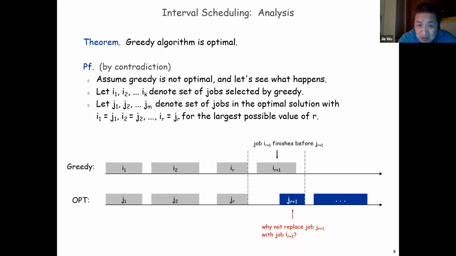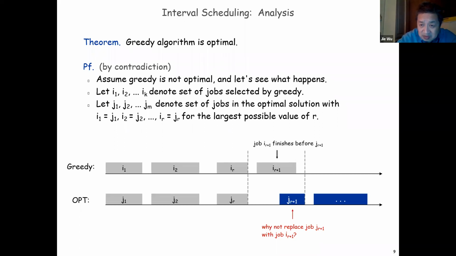Here we are assuming that M is larger than K, but we don't really need to show that M is larger than K. All we need to assume is this one: I1 equals J1, so the first prefix is exactly the same. All you need to do is find the largest possible value, which we call R, such that they differ.